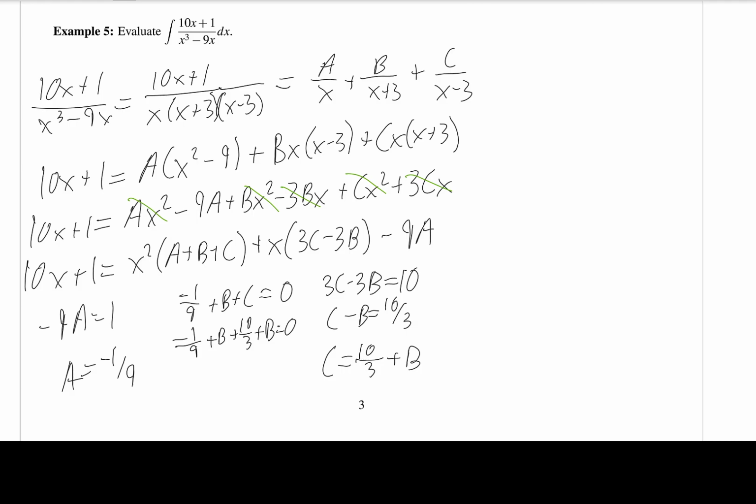Negative 1/9 plus 10/3, that's going to be equal to, let's see, we need 30 minus 1, so it's going to be negative 29 over 9 plus b equals 0. So b is equal to 29 over 9.